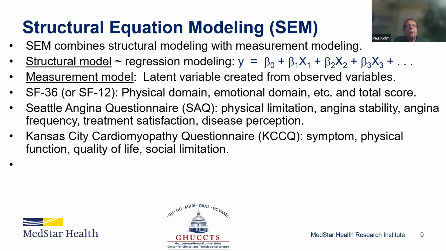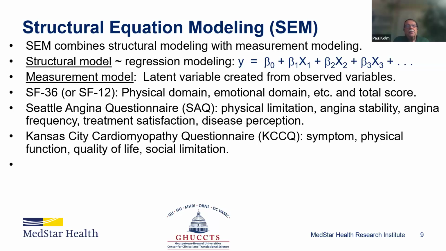The measurement model then is looking at what we call a latent variable that we create from observed variables. And so some examples that you probably are familiar with are the SF36 or SF12 that has a physical domain, an emotional domain, a couple of other domains, and then you can get a total score.